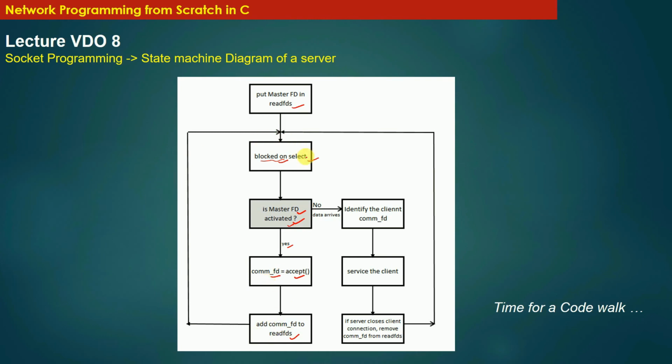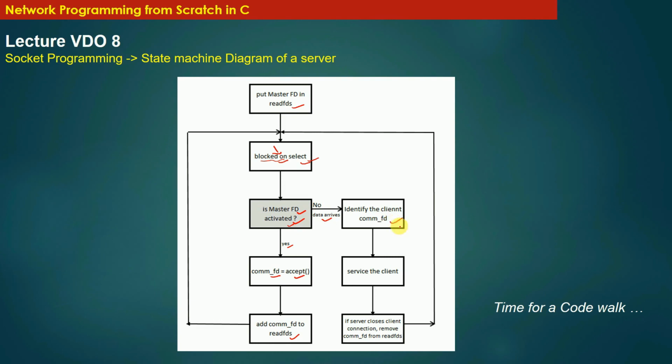And again the server goes back and calls the select system call, and it again gets blocked. That is, it is again waiting for an event from a client, either from the connected client or from new clients. If the master socket file descriptor is not activated, it means that the server has received data on one of the communication file descriptors.